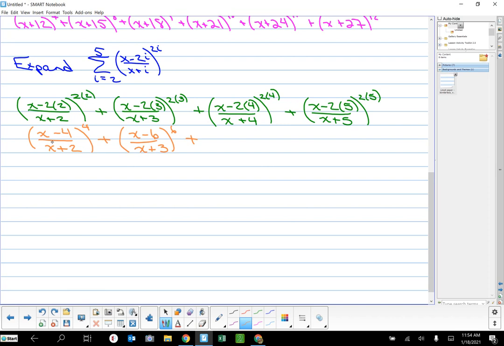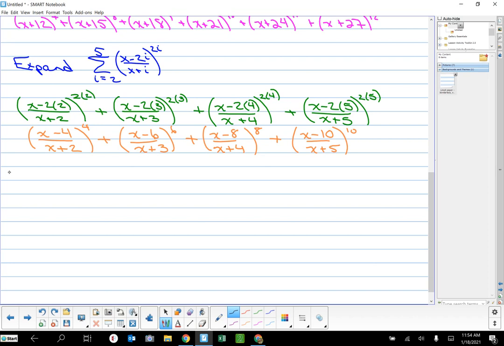And make sure you've got your parentheses around the outside of these, or else you're only going to be raising the denominator to the 6th power. x minus 8 over x plus 4, all raised to the 8th, plus x minus 10 over x plus 5, all raised to the 10. And that orange step is what you would be putting into varsity.